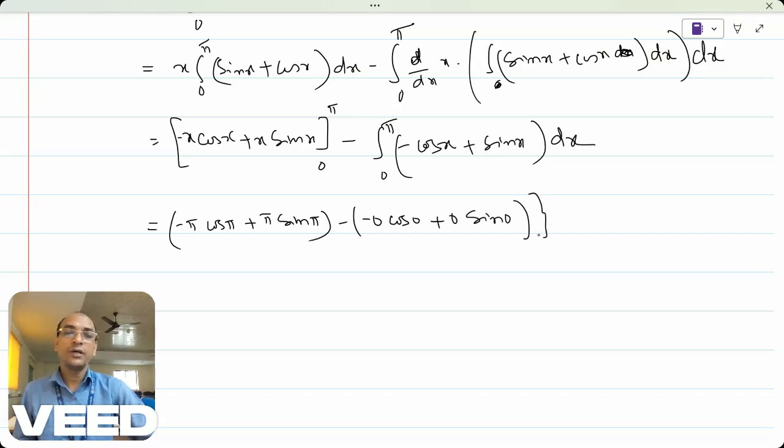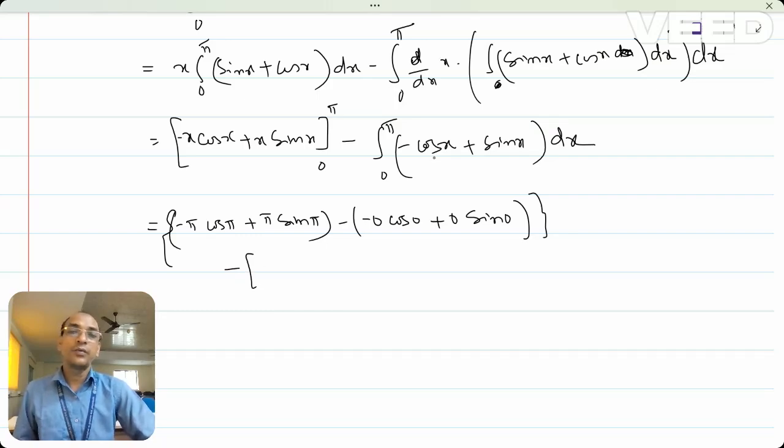This is the evaluation of the first integral. In the second integral, I will have minus the integration of cos, which is sine, so minus sine x, since minus is already there, and the integration of sine is minus cos x. The limit is 0 to pi.